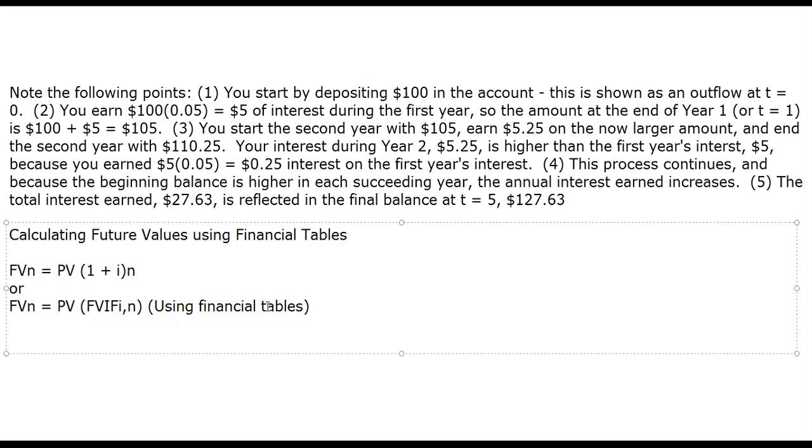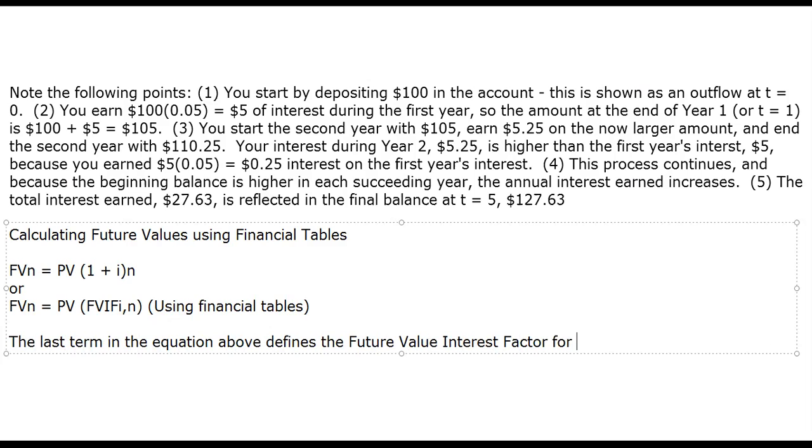Now the last term in the equation above defines, watch me now, the future value interest factor for I and N, which is FVIF sub I, N. So this means what?